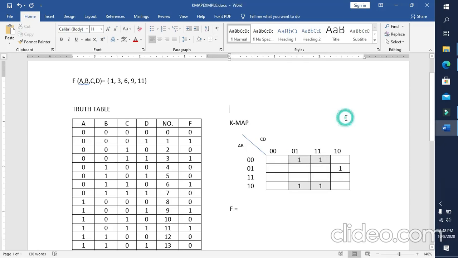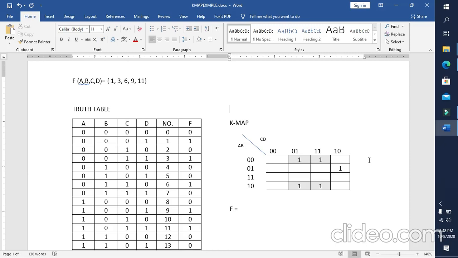But ang disadvantage lang of having the groupings by 2 is you will have a more complex logic expression. And what is the disadvantage of having a complex logic expression is yung circuit mo, mas marami kang gates na magagamit.